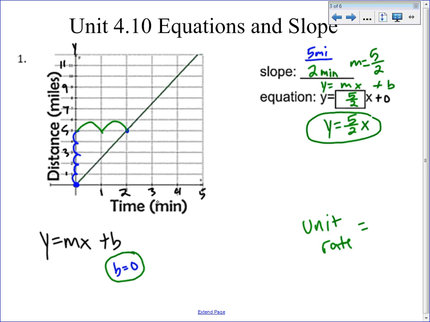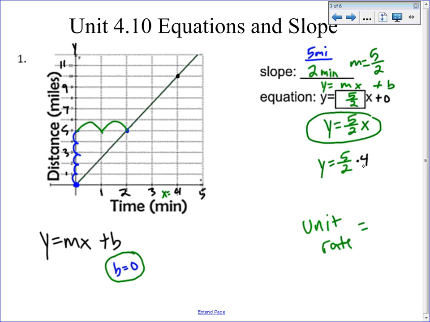So let's test it out. If we know that x equals 4, we can plug that in. y equals 5 halves times 4. We're going to try to figure out, will that actually give us this point right here on our line?